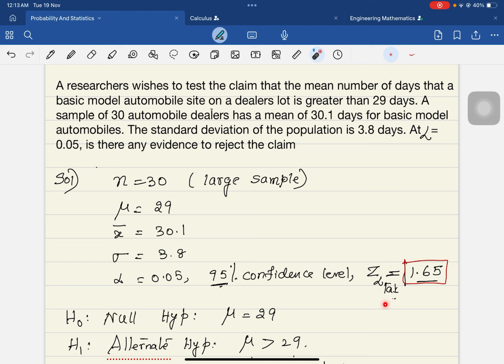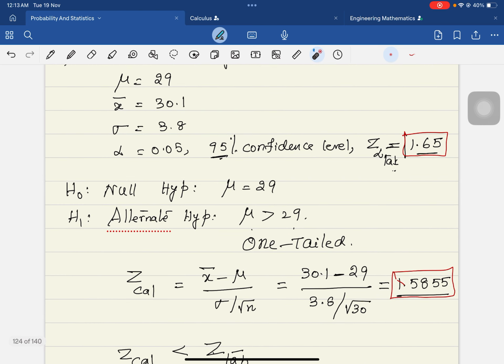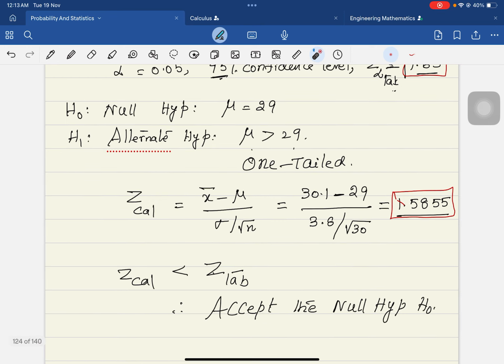But before writing Z alpha, confirm whether it is two-tailed or one-tailed. Since it is asked very clearly that it is greater than 29 days, it is one-tailed. When it is one-tailed, what is Z alpha at 95% confidence level? Then using this formula, you can find this value.